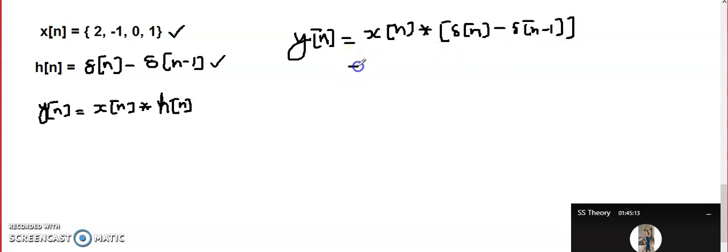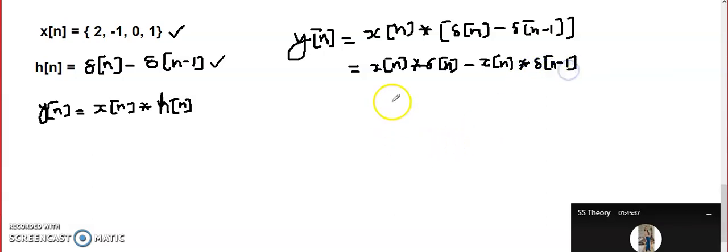Okay, so it means it will be xn convolution with delta n minus xn convolution with delta n minus 1, like this.